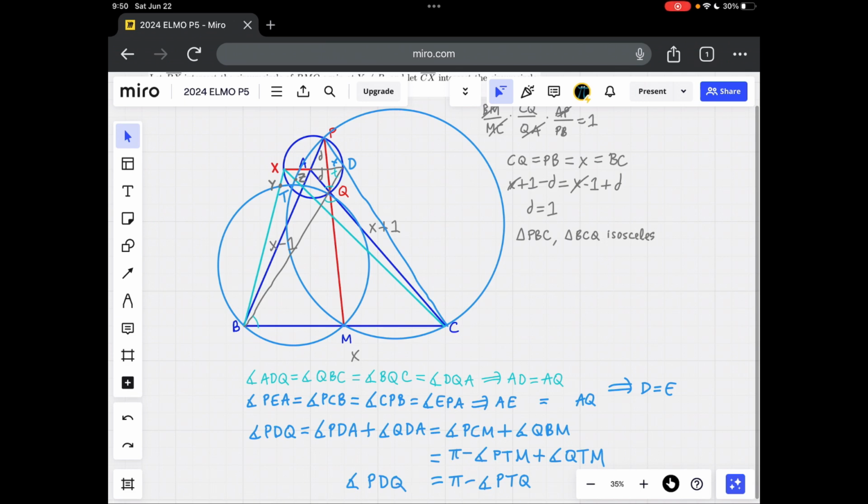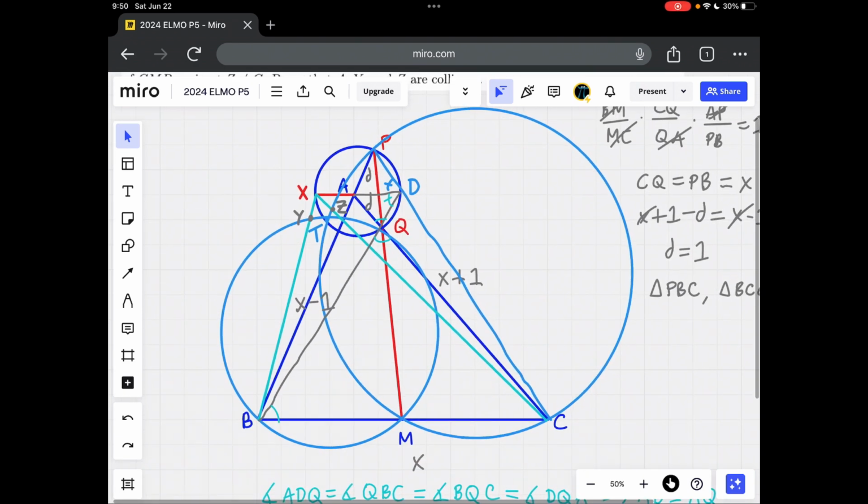So it follows that all three circles, the circumcircle of BQM, the circumcircle of CPM, and the circumcircle of XPQ, all have one point in common, and that's point T. So all three circles intersect at point T, and knowing this, by Miquel's theorem in triangle BXC, the circumcircles of BYM, CZM, and XYZ are concurrent at a single point.